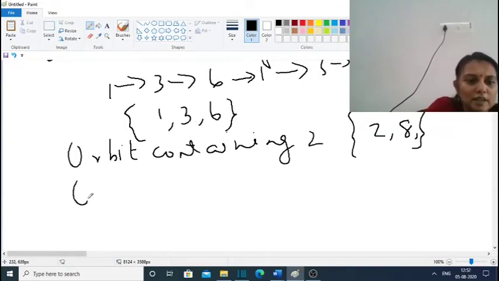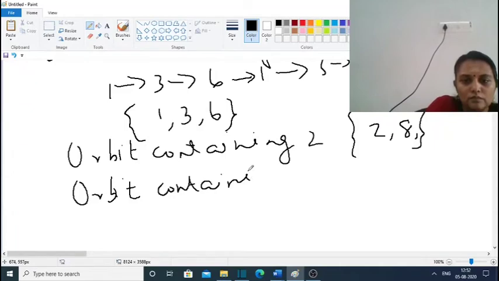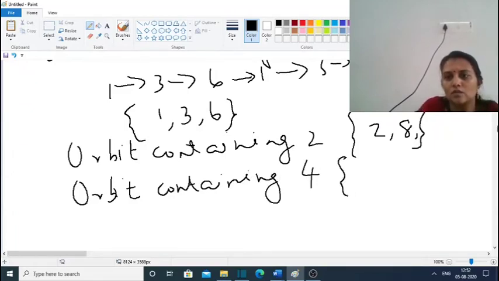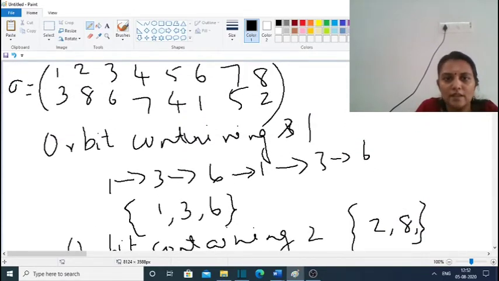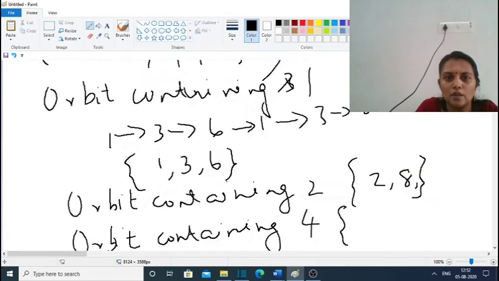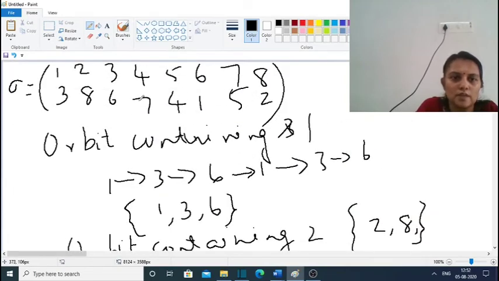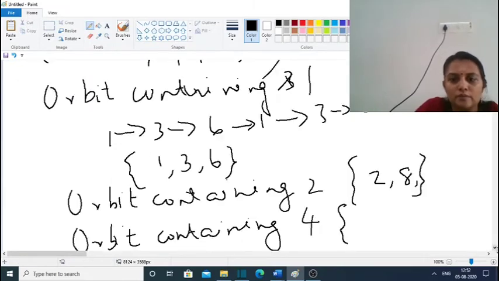Now the orbit containing 4, which is equal to 4, 7, 5. 4 goes to 7, 7 goes to 5, 5 goes to 4. So 4, 7, 5.